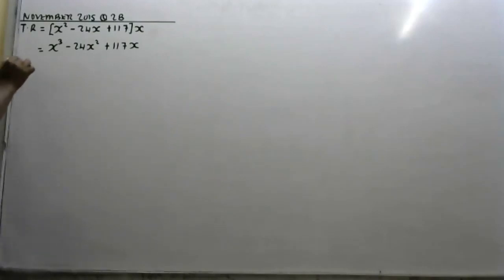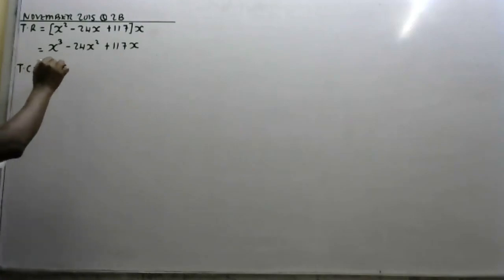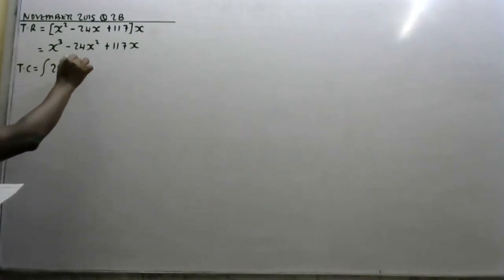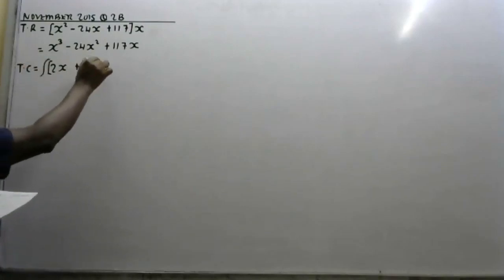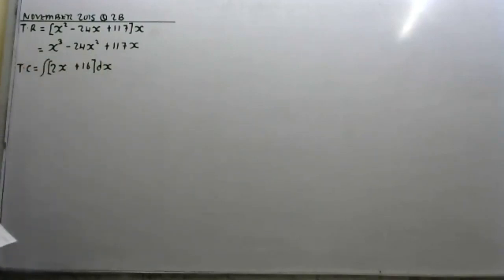Total costs, we will integrate the marginal cost, which is given as 2x plus 16, with respect to x.